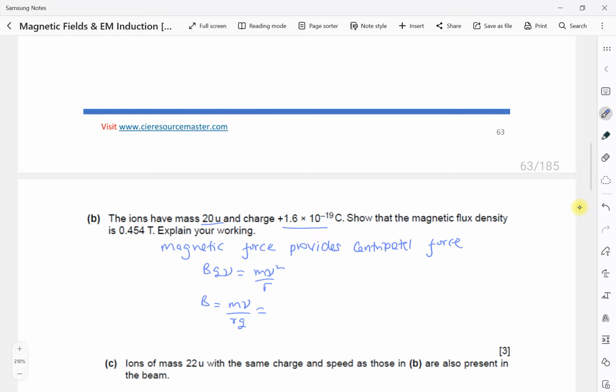So we shall try to substitute. The mass is 20U, which is 20 times 1.66 times 10 to the power of minus 27. That is the mass.